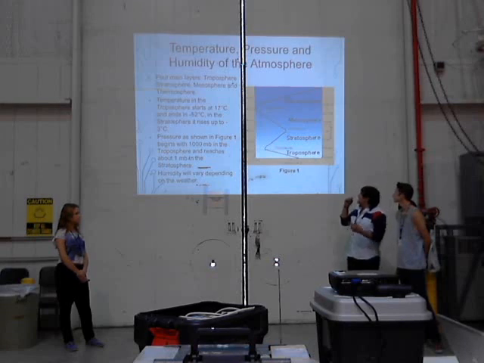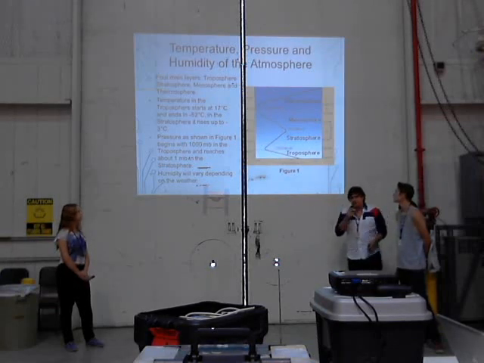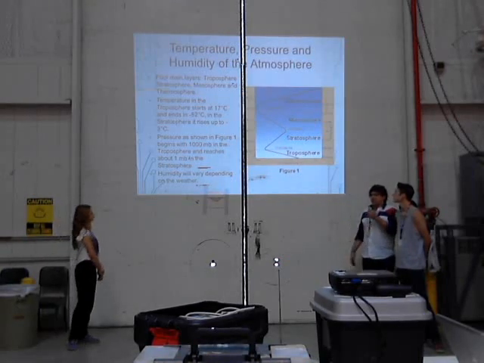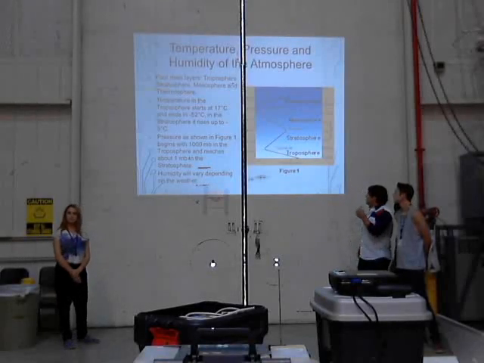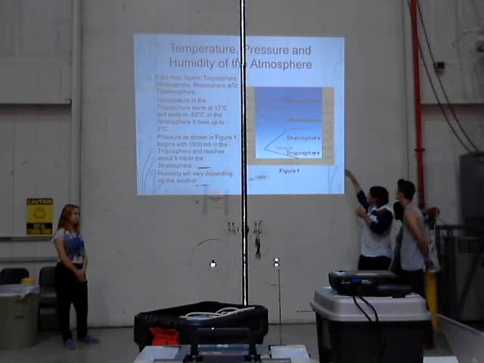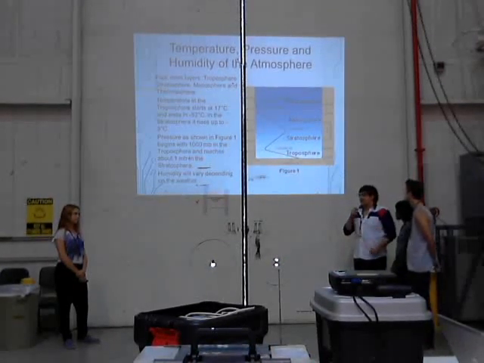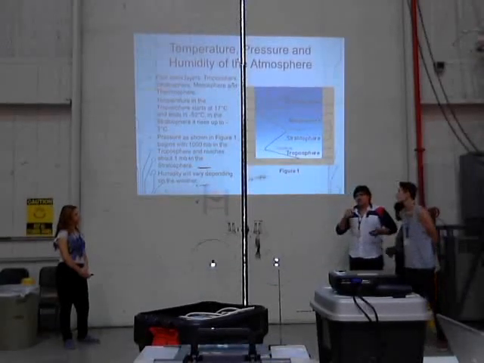Then when it enters the stratosphere, the temperature starts rising to approximately negative 3 degrees. For pressure, we're going to start at approximately 1,000 millibars, which is the pressure at ground level, and it will go down to 1 millibar in the stratosphere. And the humidity will vary depending on the weather of the day.